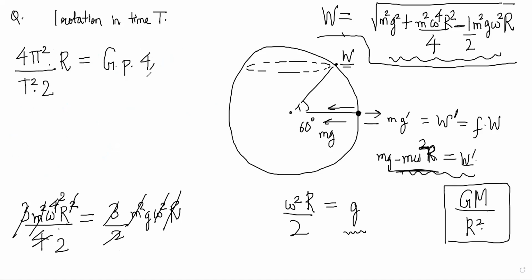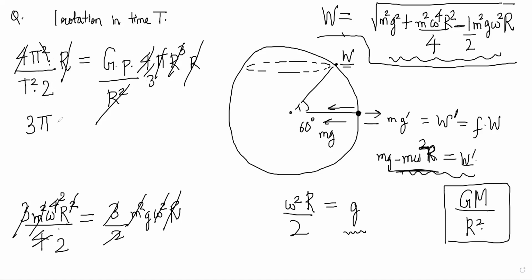So density into 4 by 3 pi capital R cube by capital R square, right? We need density. So R cancels, 4 cancels, pi cancels, everything is cancelled here. 3 goes this side, 3 pi by 2 g t square is equal to rho, right?